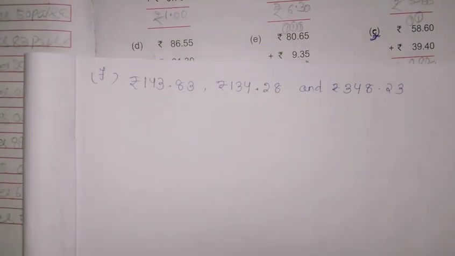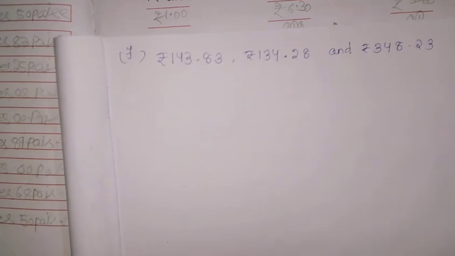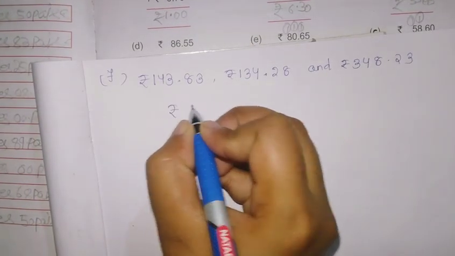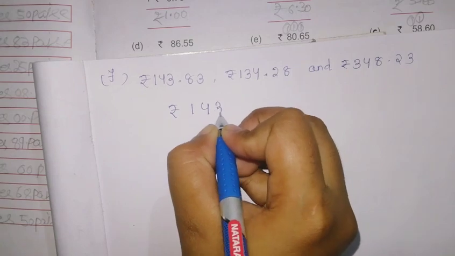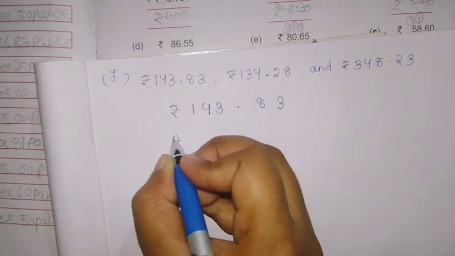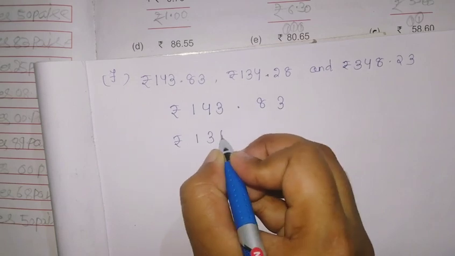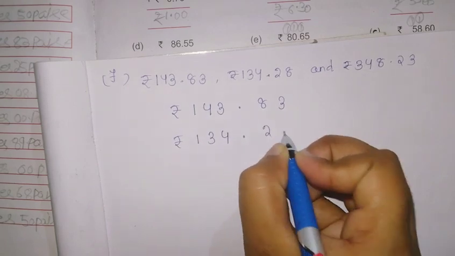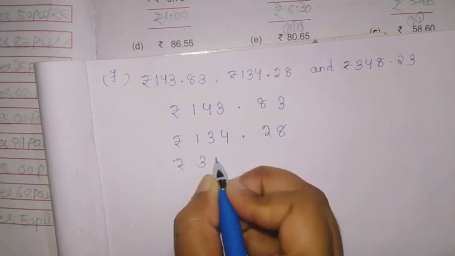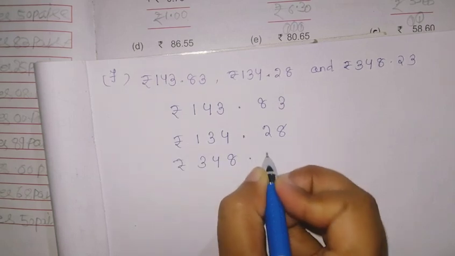First we arrange rupees to rupees and paise to paise. 143 rupees 83 paise. Then 134 rupees 28 paise. Then 348 rupees 23 paise.